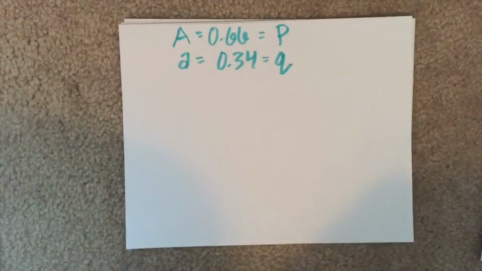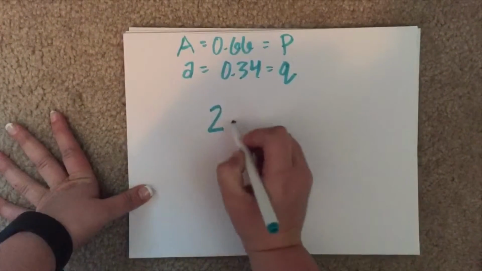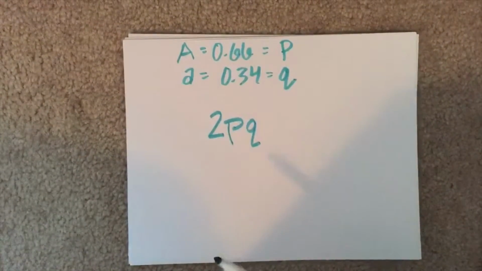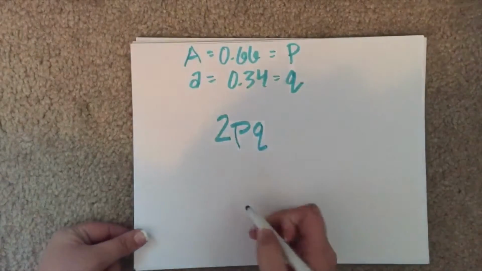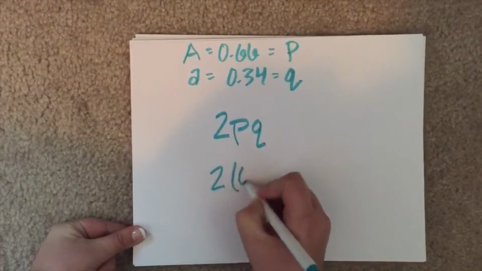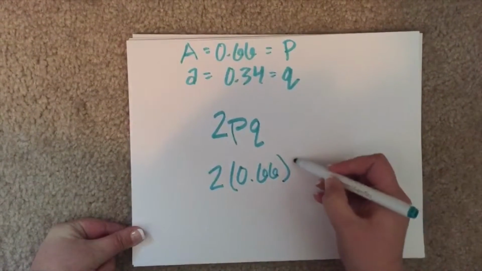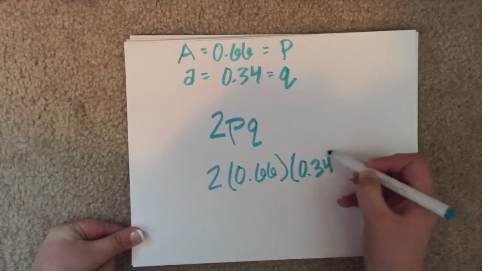Now that we know the new frequency of the big allele homozygous, we must find the heterozygous genotypic frequency. In this case, we will use both allelic frequencies because within our problem, it's 2pq. 2pq will be our heterozygous genotypic frequency. So it will look like this. 2 times 0.66 times our Q value of 0.34.